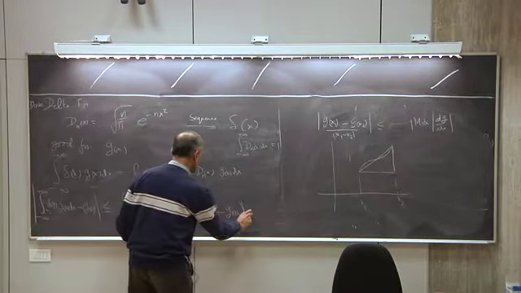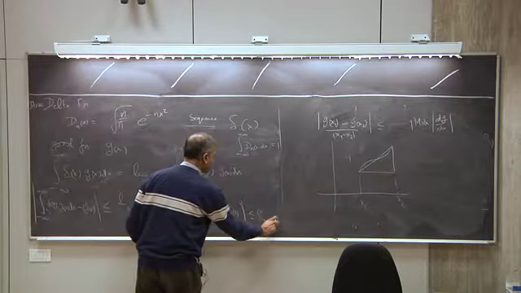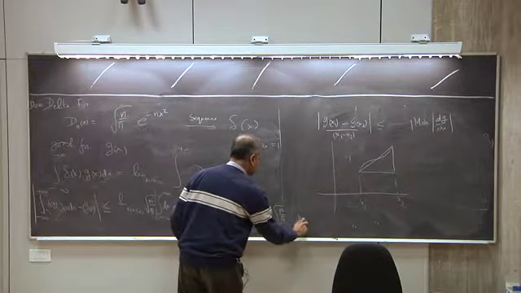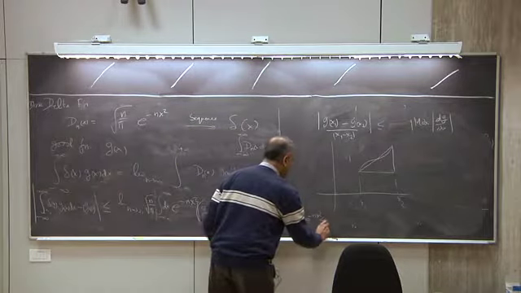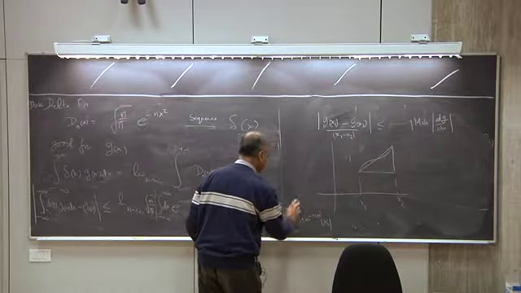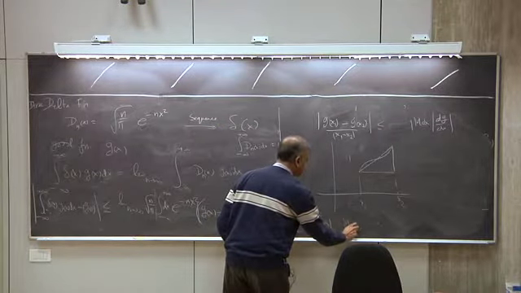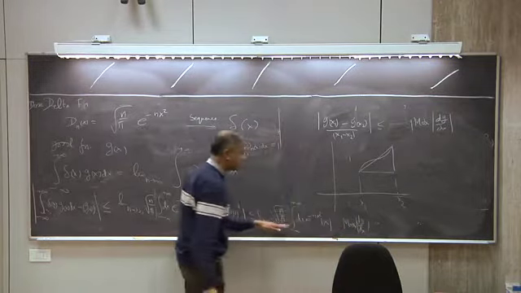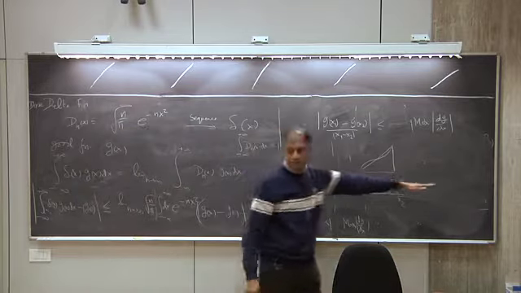So what this is saying is that this is less than or equal to the limit n goes to infinity of square root of n by pi, integral dx e to the minus n x squared times the modulus of x, times the maximum value of dg by dx. This maximum value I can take out of the integral, because that's just the maximum of the slope from minus infinity to plus infinity.